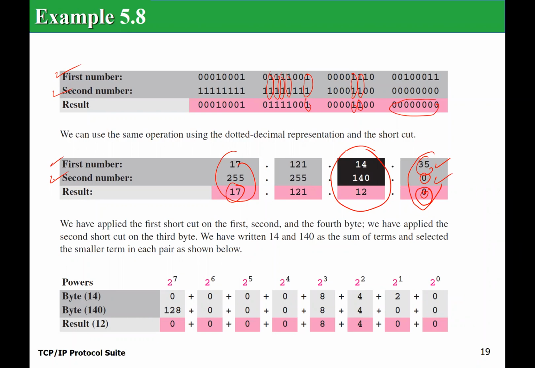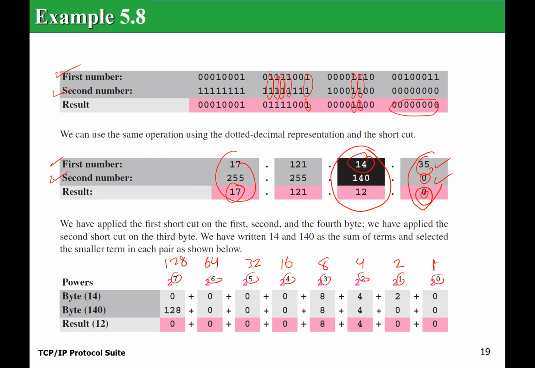We cannot just do it by looking. How do we do that? Simply, we have to convert them to binary. Let's start with the 14. How do you make 14? Remember the powers, 0, 1, 2, 3, 4, 5, 6, 7, which, as I wrote before, are 1, 2, 4, 8, 16, 32, 64, and 128.